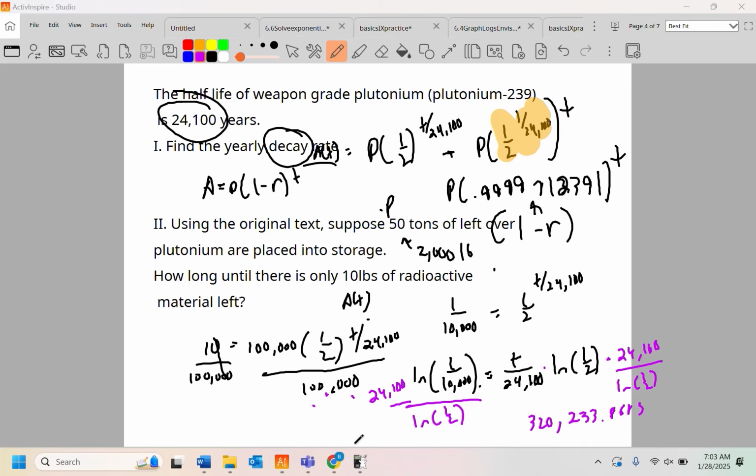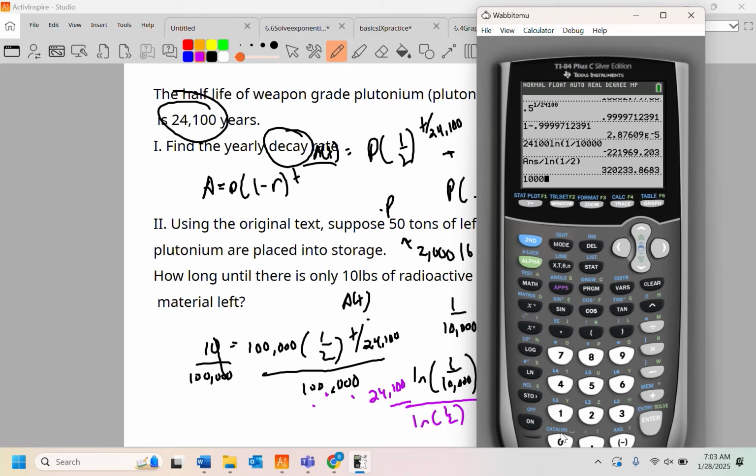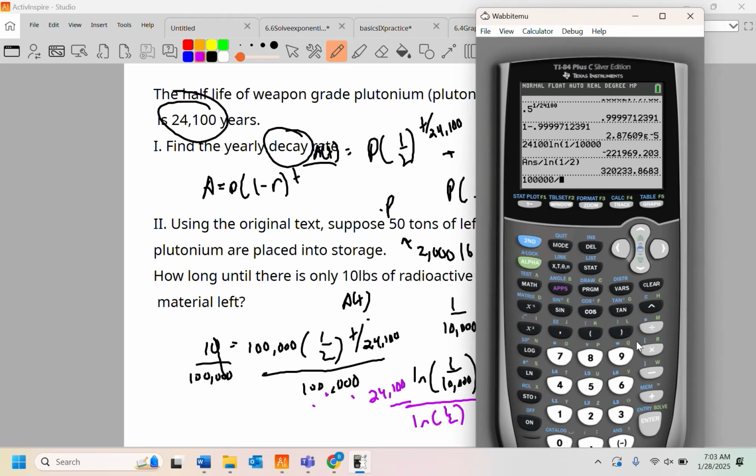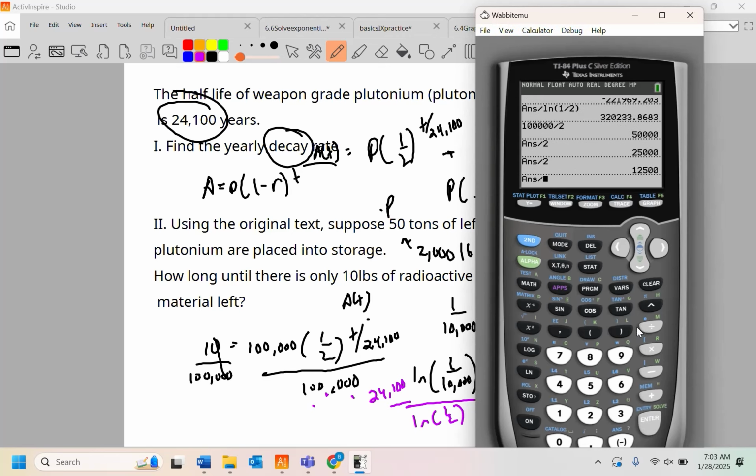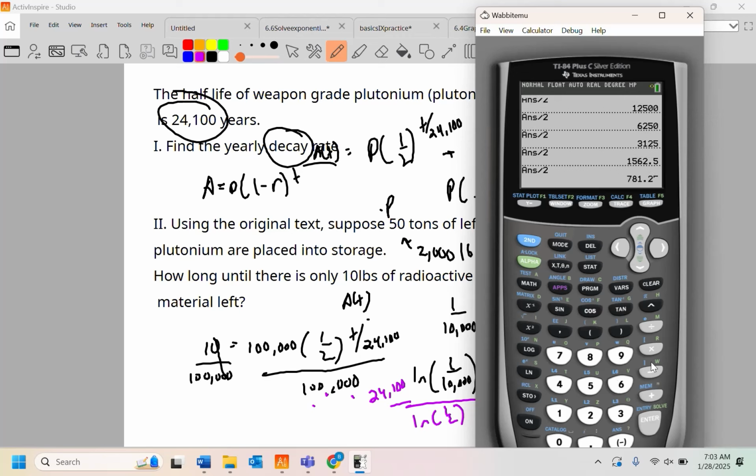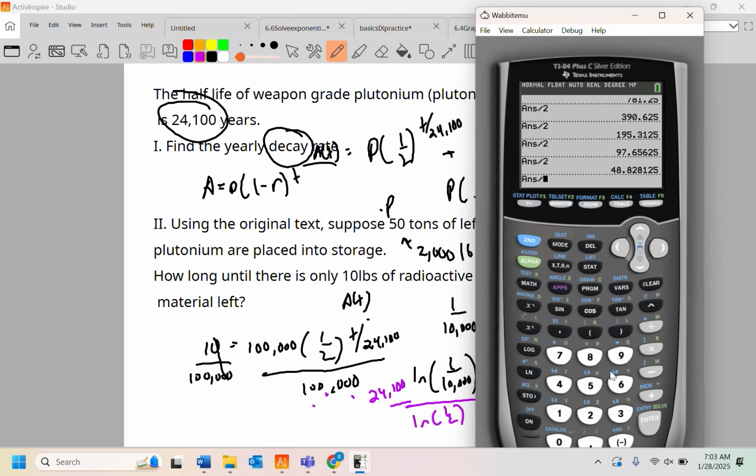That's crazy. So we have 100,000 pounds. We cut it in half, we're down to 50. We cut it in half again. Cut it in half. Cut it in half. That's 4 times I've cut in half. 5 times. 6 times. 7 times. 8 times. 9 times. 10 times. 11 times, 12 times, 13 times.